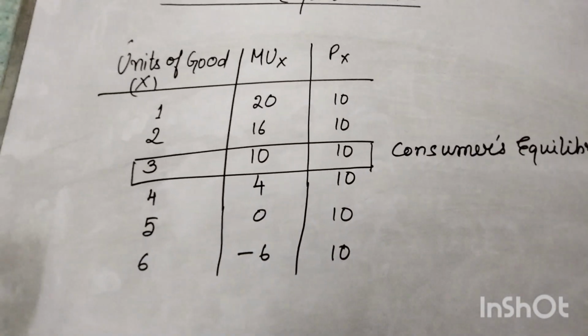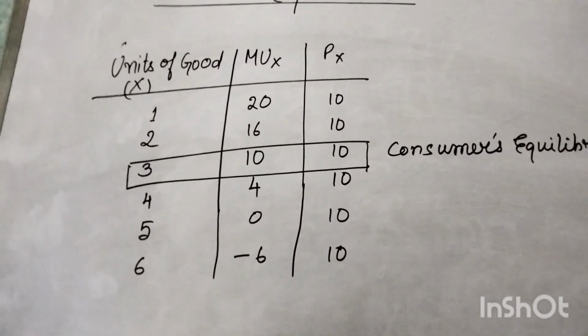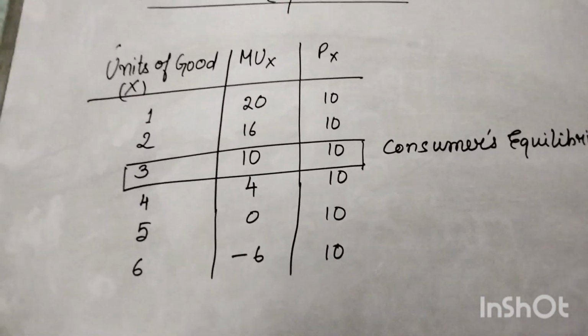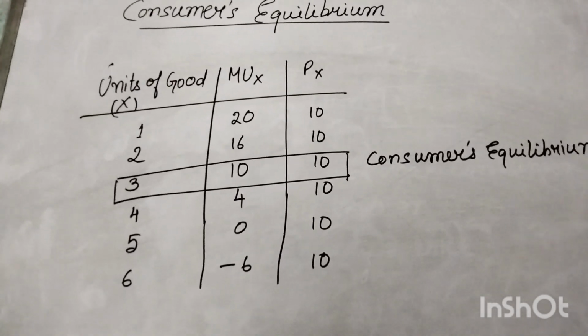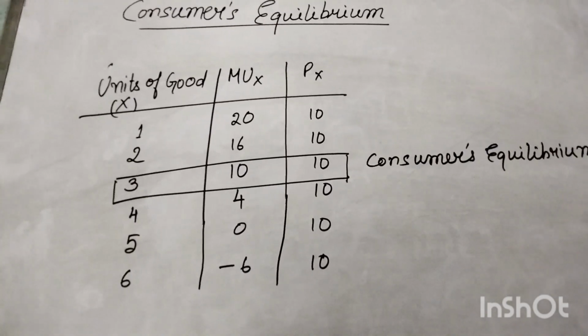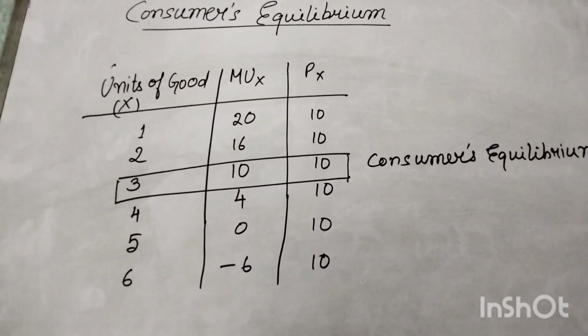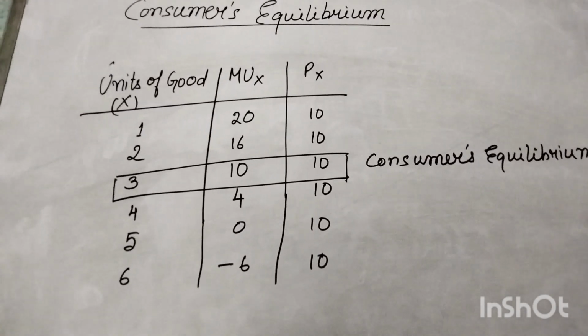Now this is also one of the assumptions that we have told before while discussing consumer's equilibrium, that if we consume more and more units of the commodity, there will be diminishing marginal utility.